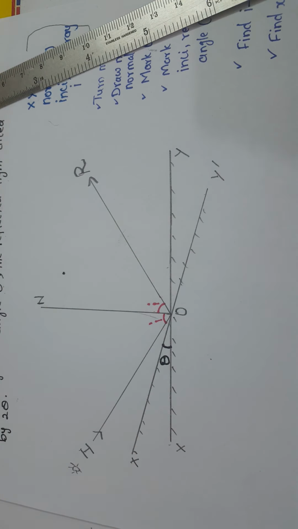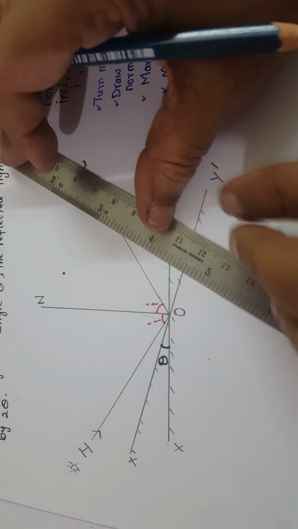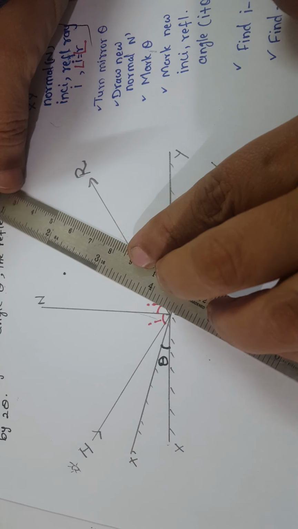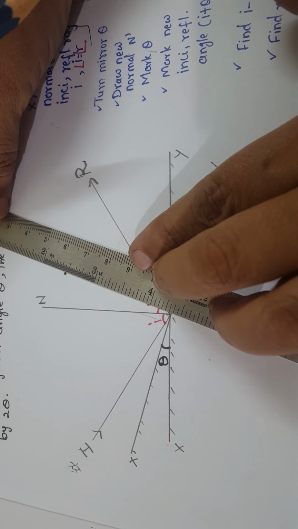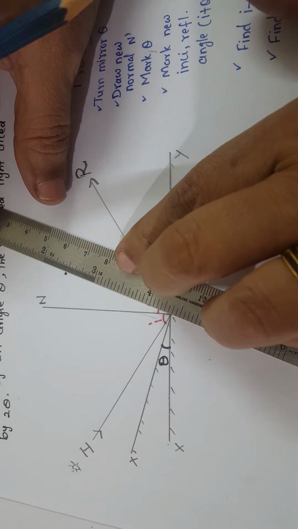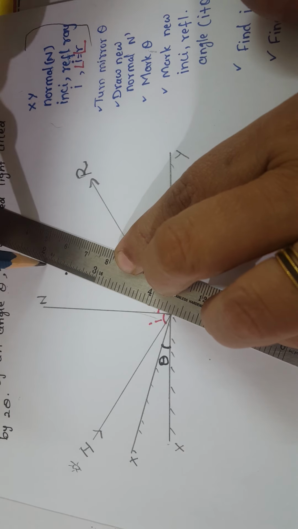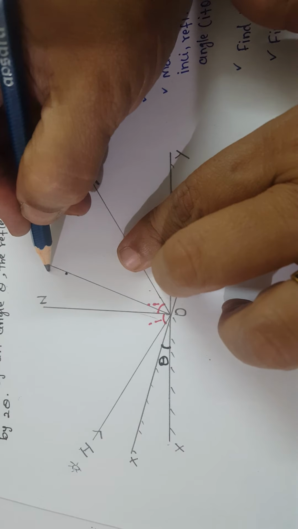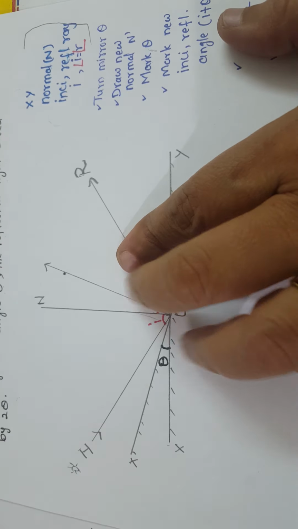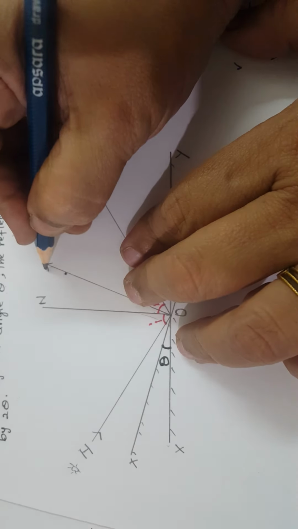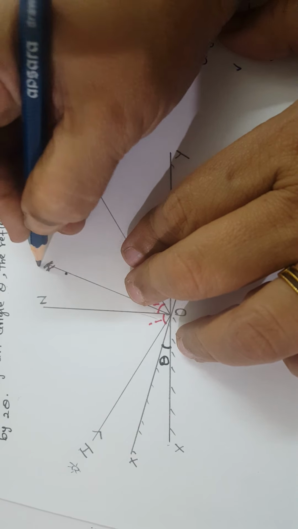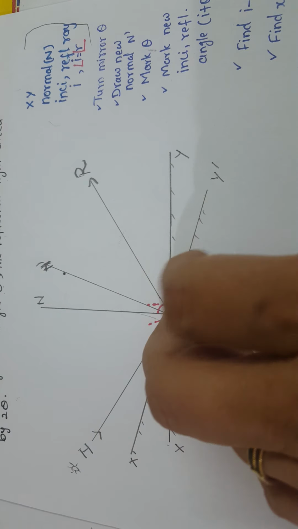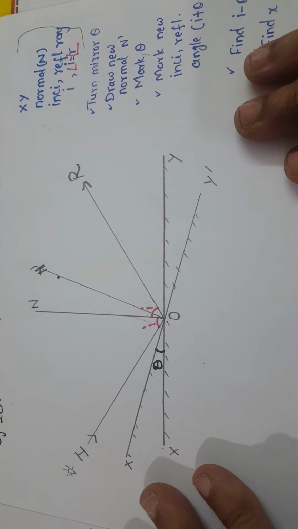So I will draw the new normal now. Okay, so this is the new normal. I need not draw the arrow mark because this is the new normal, N dash.